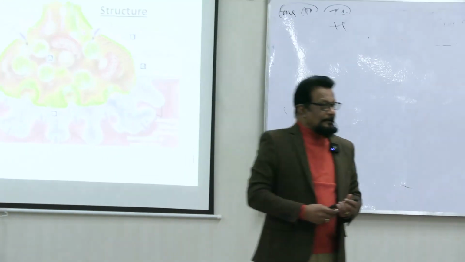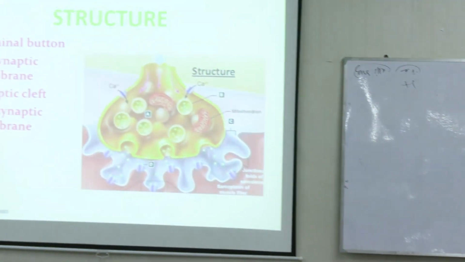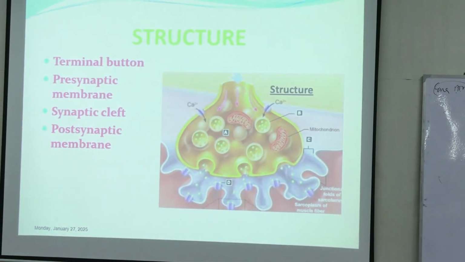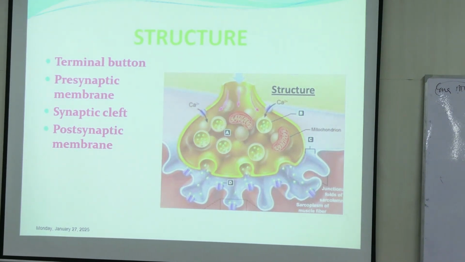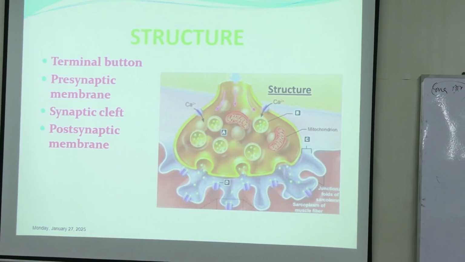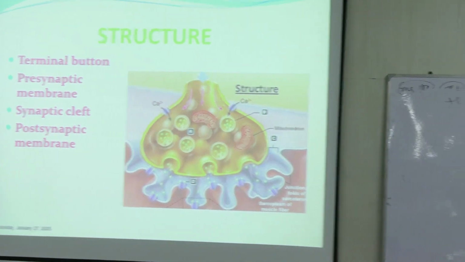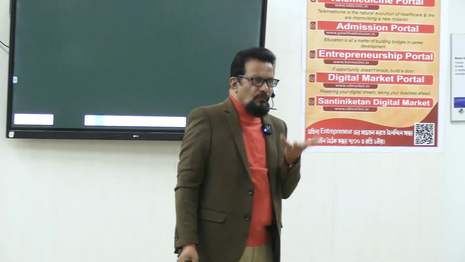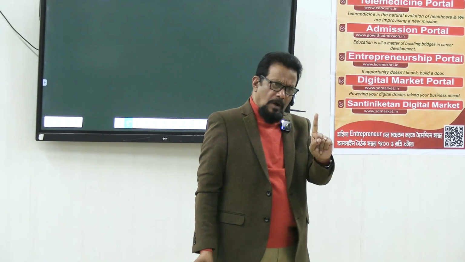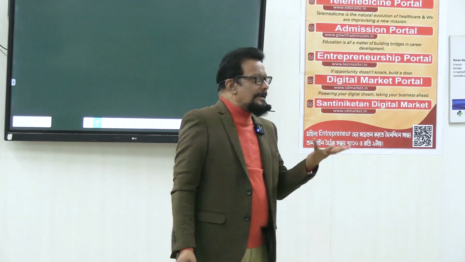Then what will happen? After removal of the myelin sheath, the axis cylinder will branch into several branches. These are called nerve terminals. There may be 4, 5, sometimes maybe only one, 2. So it will produce a number of branches.